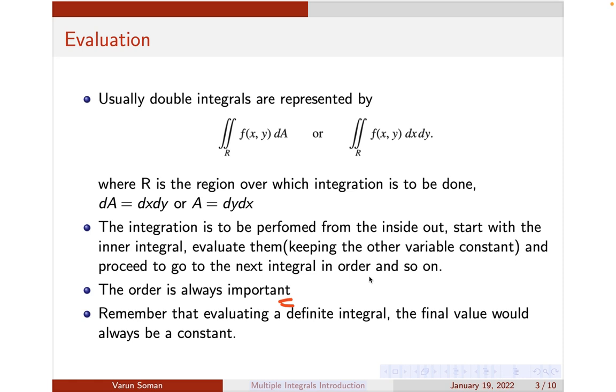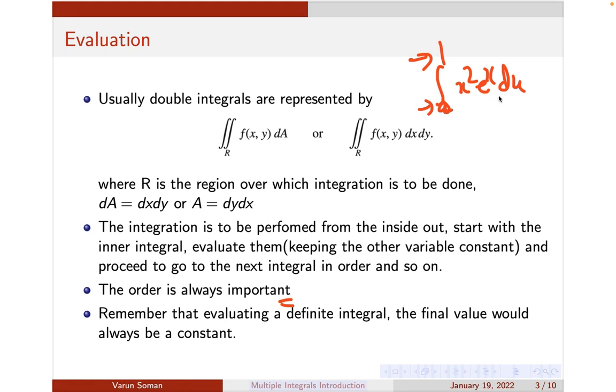Suppose it is integral 0 to 1 of x square e raised to x dx; even if you evaluate this, the final answer will always be a constant, because you will be substituting the limits. Some people will do the integration and get the answer as a function itself, which will be wrong. If it is a definite integral, the final output should always be a constant.